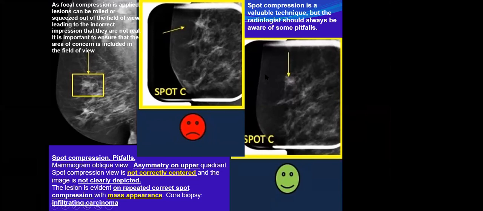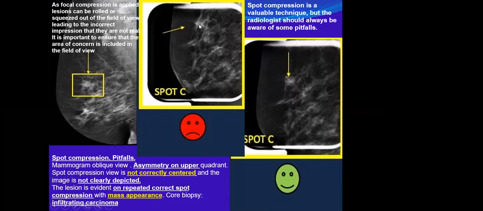We have to do it properly and avoid the pitfalls. When focal compression is applied to the lesion, it can also be rolled or squeezed out of the field of view, leading to an incorrect impression that is not real.